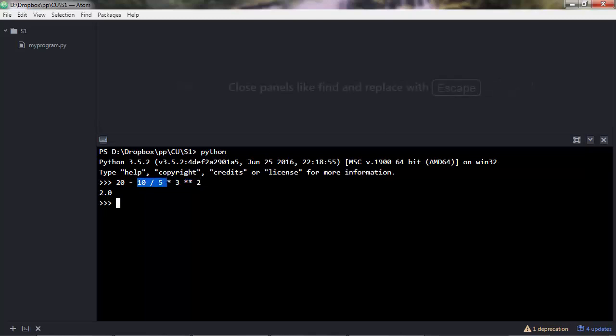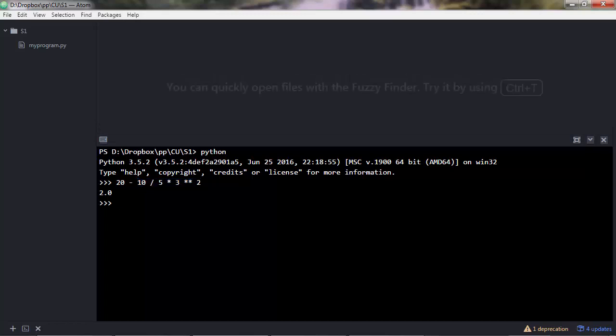So again, 10 divided by 5, 2 times 9, 18. And then we have the rest of the operators, which could be a plus or minus. So in this case we have minus, and so 20 minus 18, we have 2.0.